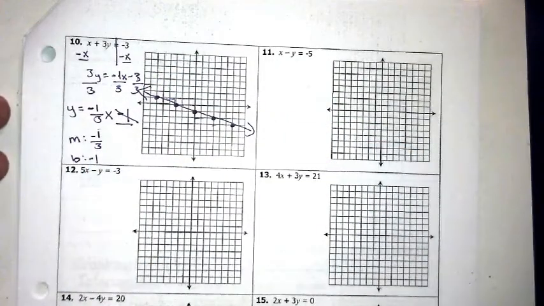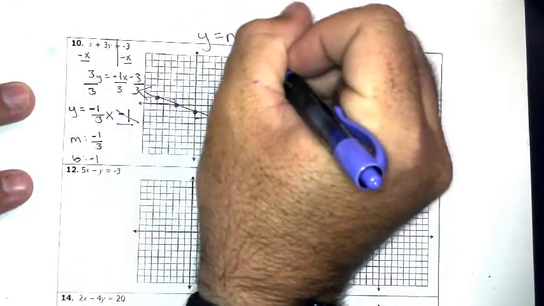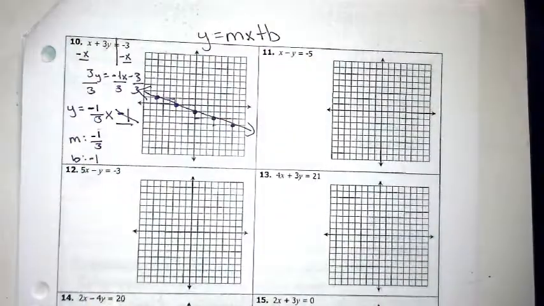So in order to graph a linear equation that's given to you in standard form, you need to convert it to what? Correct. Slope-intercept form. All right. So that's what I'm trying to get to. Y equals mx plus b.